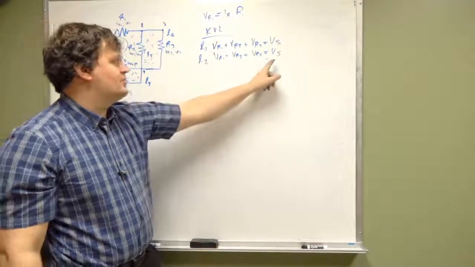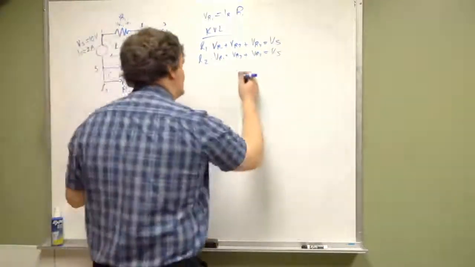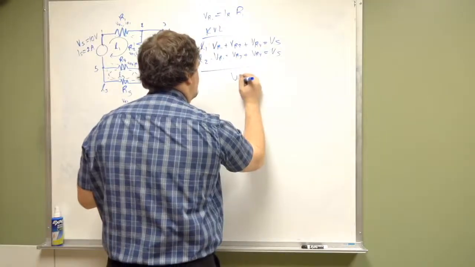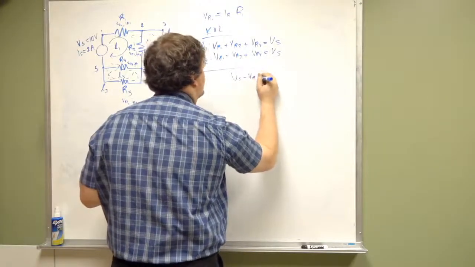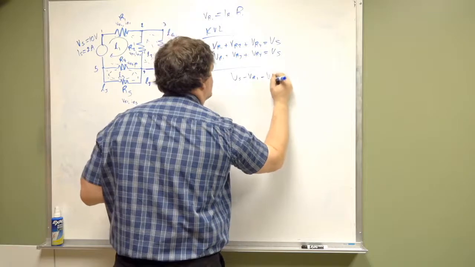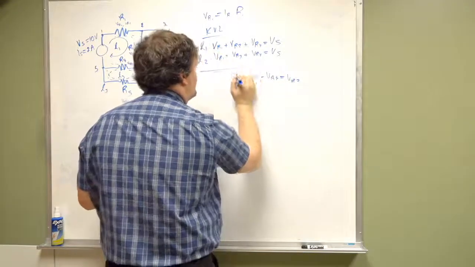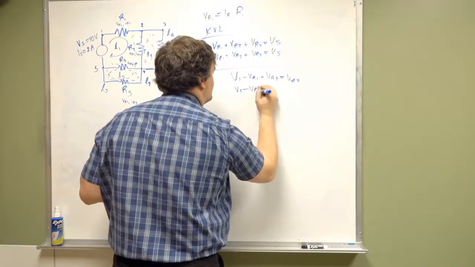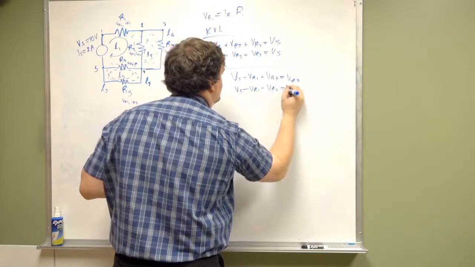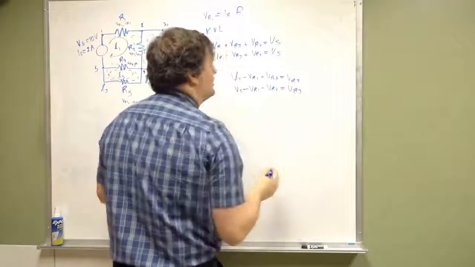Vs minus VR1 minus VR4 equals VR2. Well, that same value, Vs minus VR1 minus VR4 equals VR3, okay?